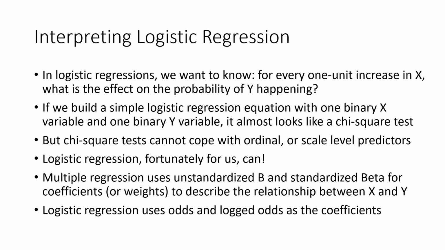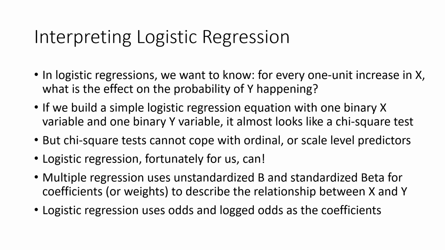And in this example of a simple logistic regression equation with one binary x and one binary y, that's exactly what we're doing. We're looking at how two binary or categorical variables are related to each other. But what's interesting about chi-square is that it can only deal with categorical variables, right?